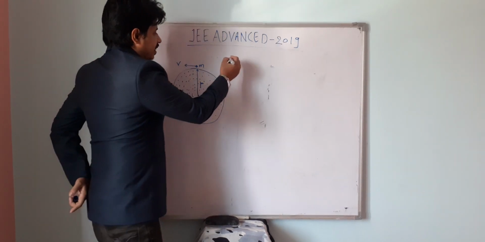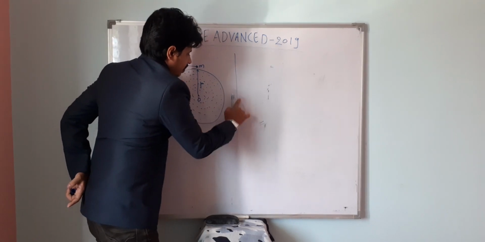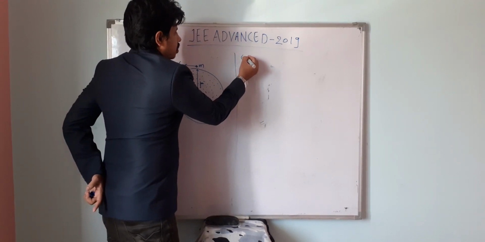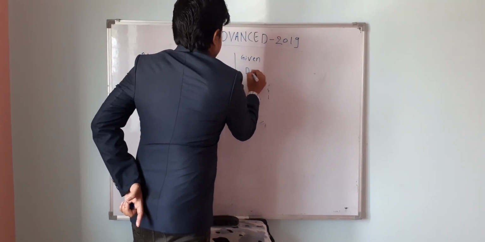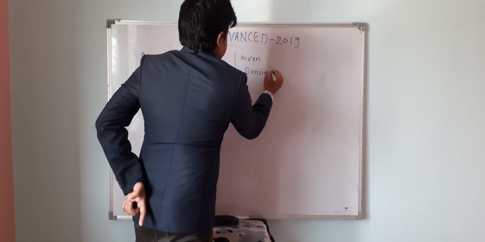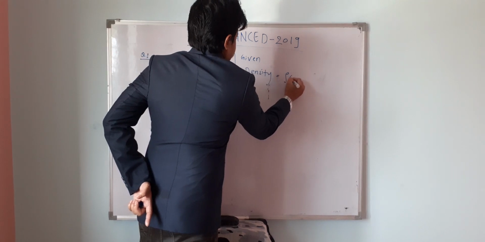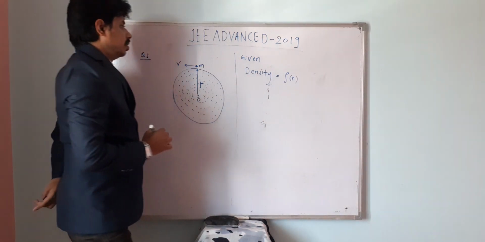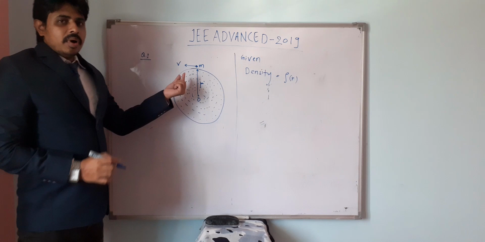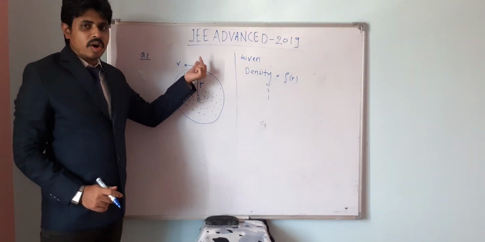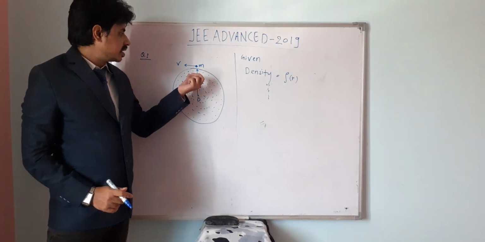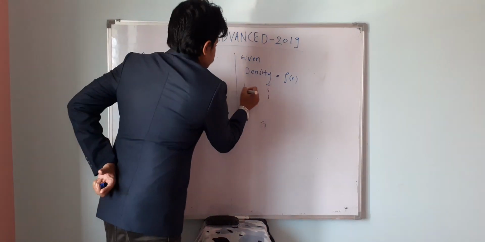So first write the given data. The given density is equal to rho 1. Also, the mass of each gaseous particle is given as small m.